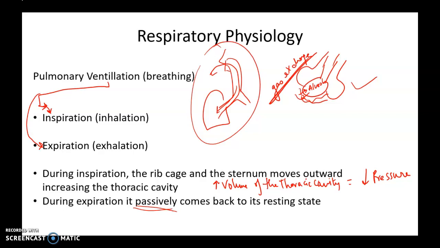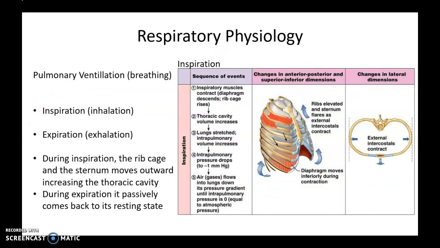No, that's not true. It's expansion of the thoracic cavity, then coming back to resting state. Expansion, resting state. That's how things work.